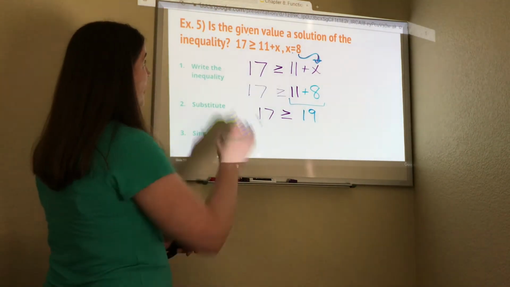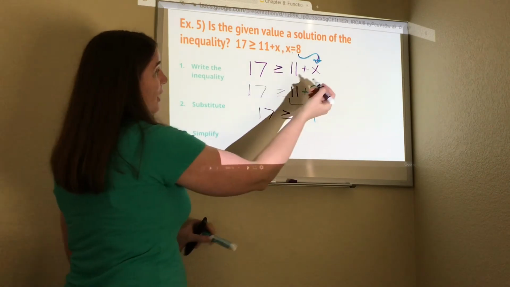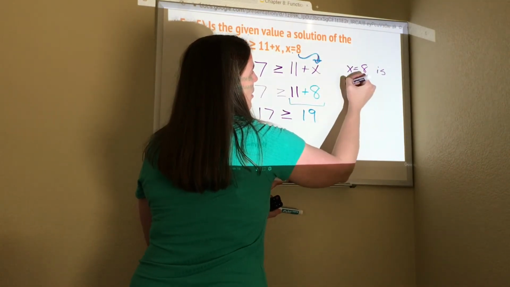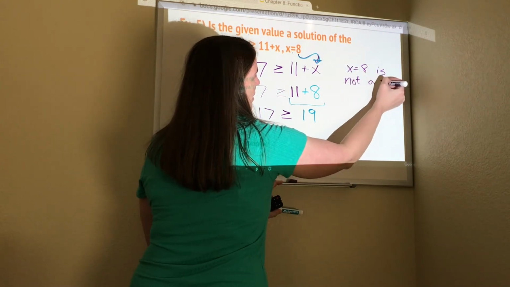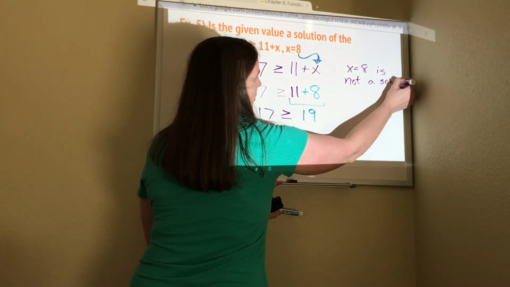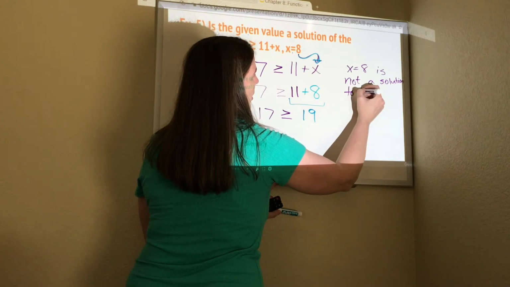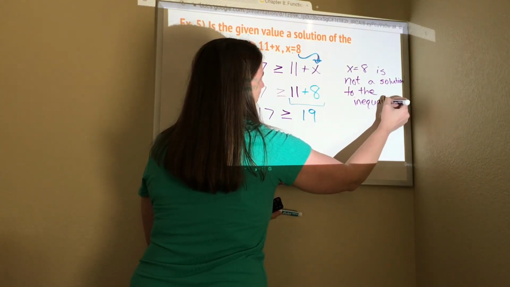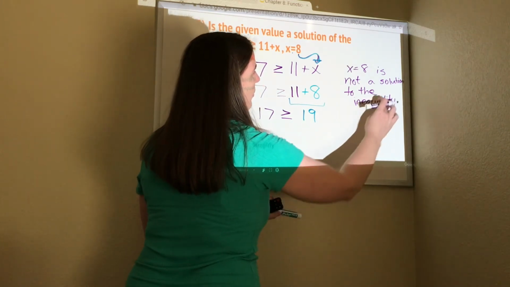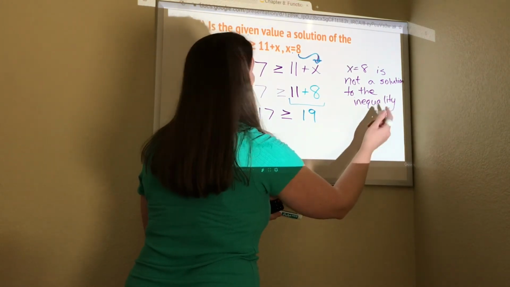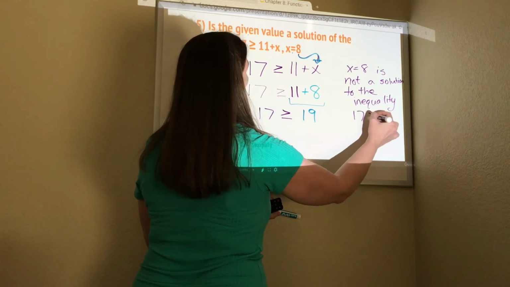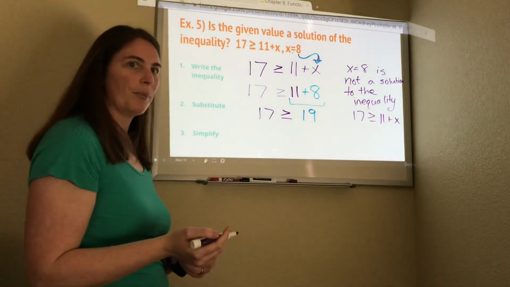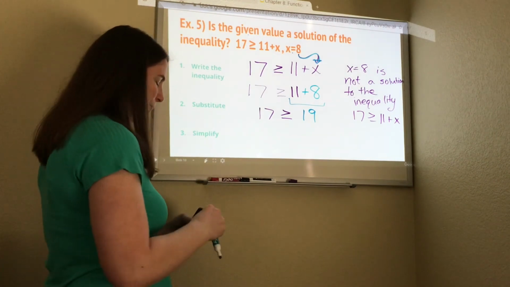So that means that x equals 8 is not a solution to the inequality 17 is greater than or equal to 11 plus x. Okay, let's go on to our next problem.